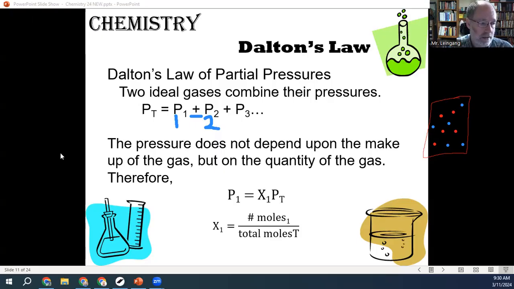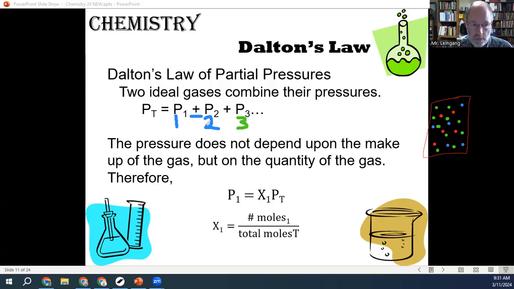So if I had gone in and put in 10 of a third gas, now this pressure is going to be more than the first two because the volume is going to be the same, but more molecules means it's going to hit the sides more often, so more pressure.